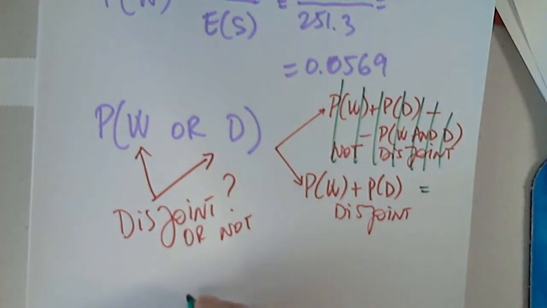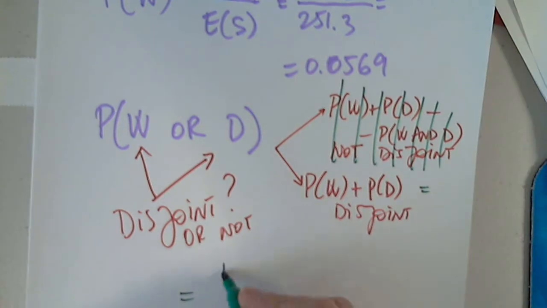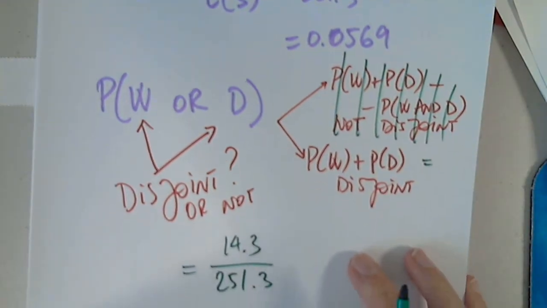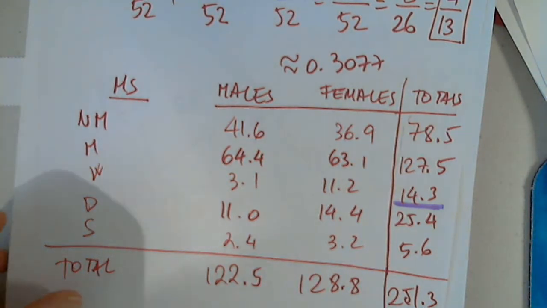So therefore, we will calculate the probability of W. We already have it. 14.3 over 251.3. We are going to add the probability of being a divorced person. What is the probability and how do I get it? How much? What do I have to write for divorced? Anyone?